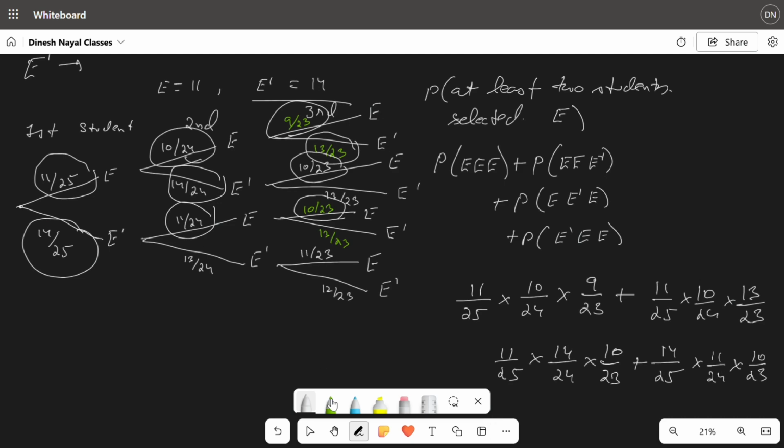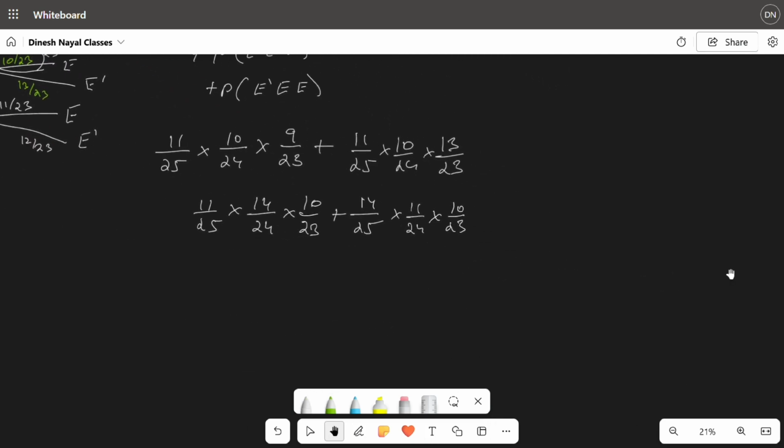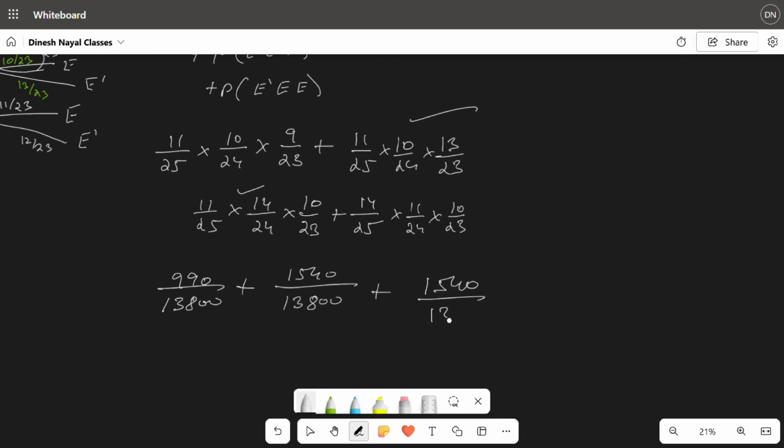Now this question is almost done. We just have to solve these. When you multiply all these, 11 into 10 into 9, you get 990 upon 13800, plus 1540 upon 13800, plus 1540 upon 13800, plus the last one, which will again be 1540 upon 13800. The denominator is the same, 13800.